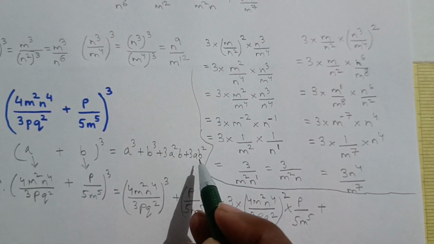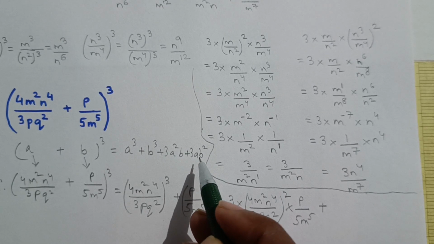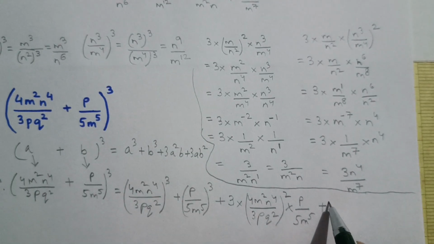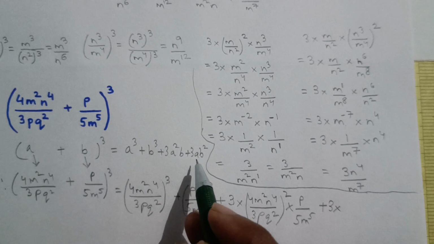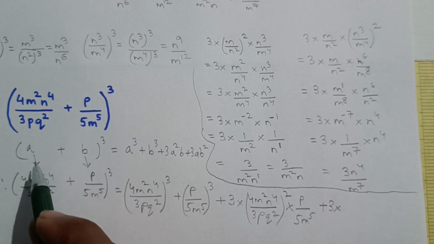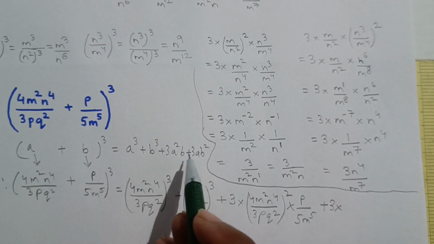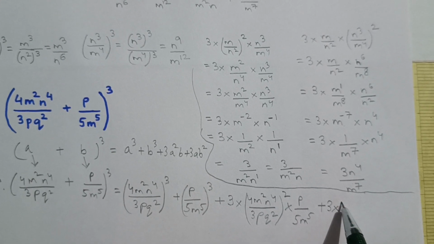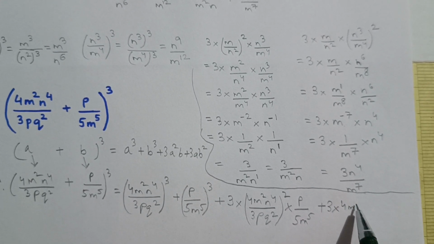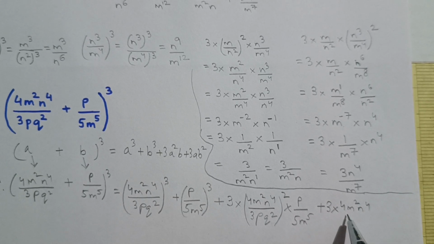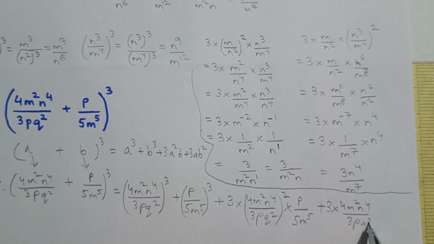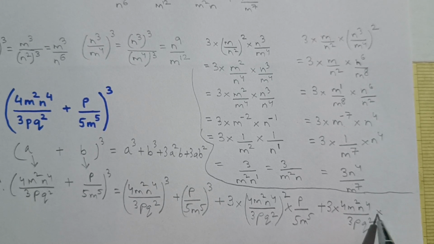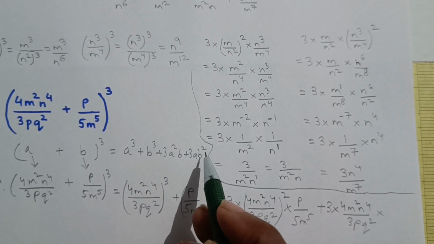3ab square. 3ab square means 3 into a into b square, so 3 into a. Now a corresponds to this expression, so instead of a I will write 4m square n to the power 4 upon 3pq square, into b square.